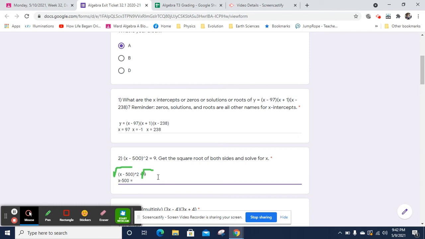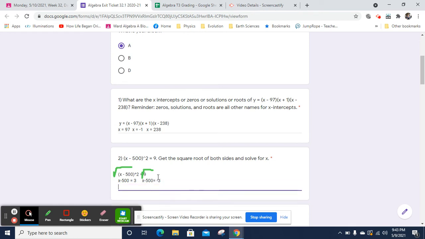And the square root of 9 is 3, but it's also negative 3. So x minus 500 equals negative 3. And we just have to solve for x here. So on the left side, I'm just going to be adding 500 to both sides. So I'll just say plus 500, and then plus 500 here.